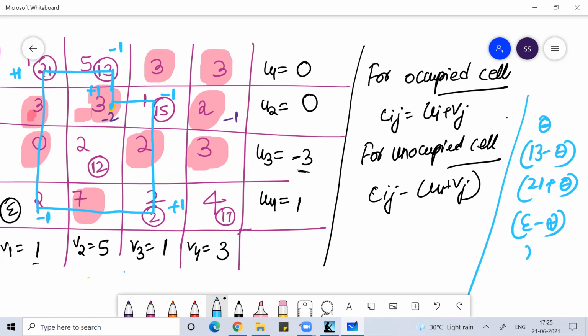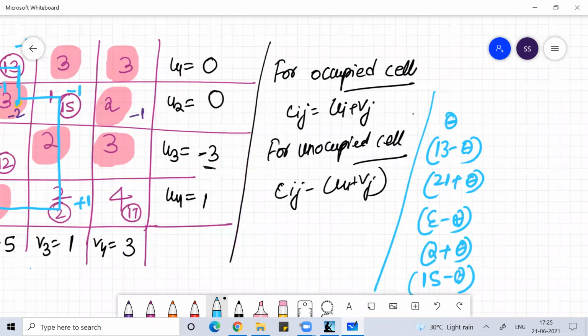Then you have 2 plus theta, and then you have 15 minus theta. So 0, 30 minus theta, 21 plus theta, then epsilon minus theta, 2 plus theta, then 15 minus theta.